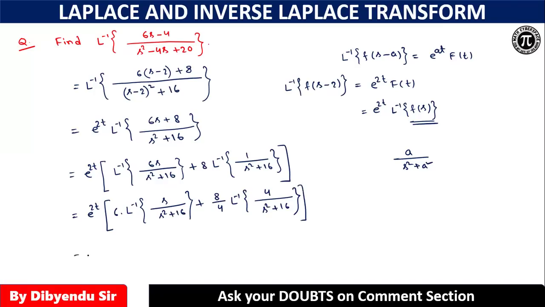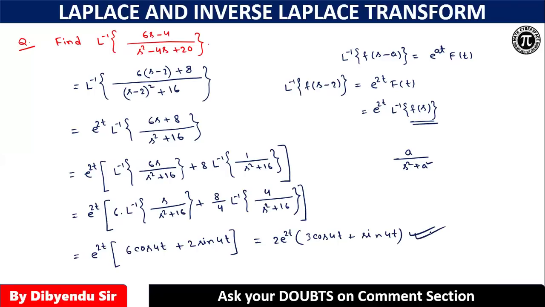So the final answer is e to the power 2t into 6 cos of 4t plus 2 into sine of 4t. If you take 2 common, that will be 2 e to the power 2t times 3 cos of 4t plus sine 4t. This is the final answer.